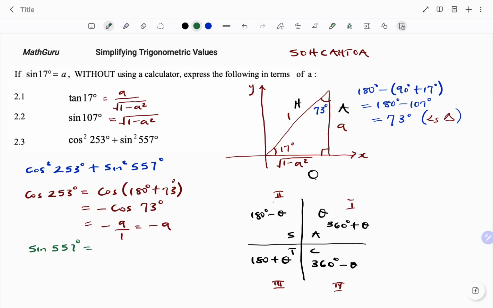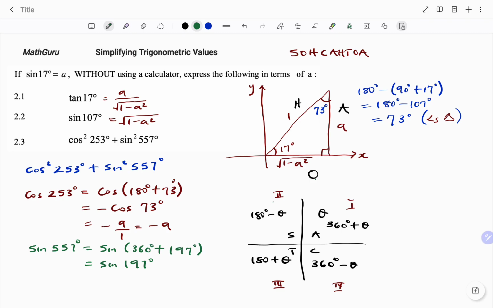I'm going to do the same for my sine 557 degrees. Reducing, I need to see how many loops of 360 degrees I have in 557. So that will be sine of 360 degrees plus 197 degrees, which falls in the first quadrant. So that's equal to sine of 197 degrees.